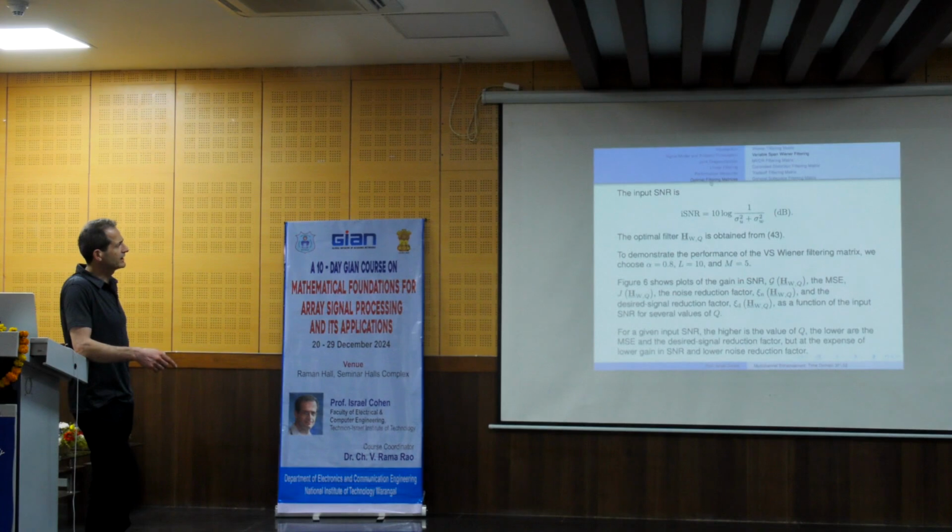So we can find the correlation matrix of the desired signal, Rx, and the correlation matrix of the noise. And suppose that here we choose alpha to be 0.8, and we take L equals 10 samples from each sensor, and we have 5 sensors.